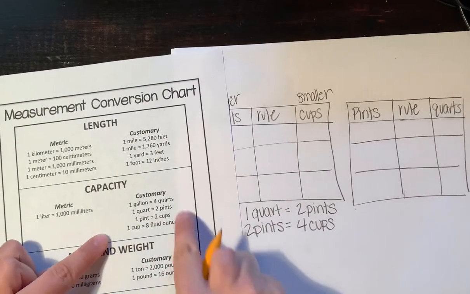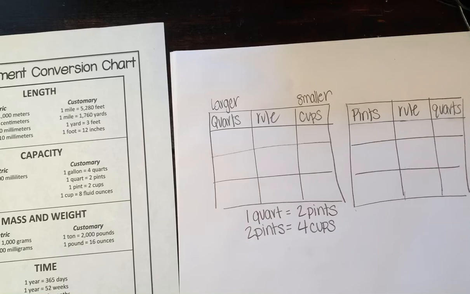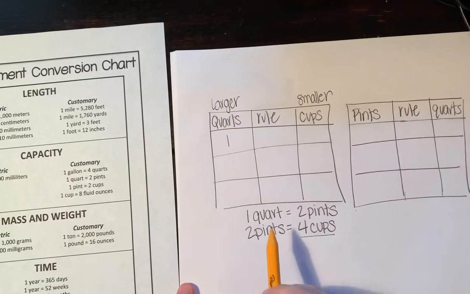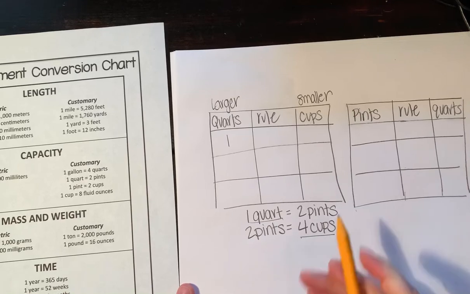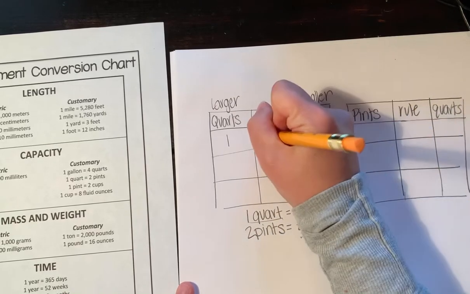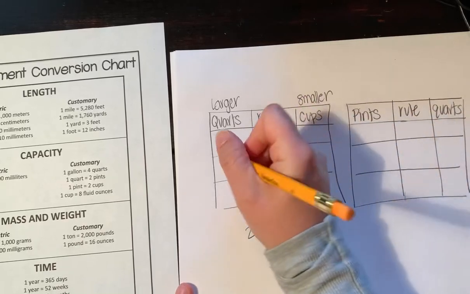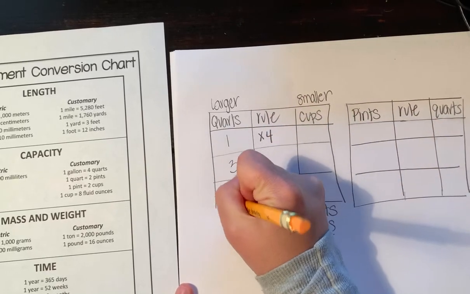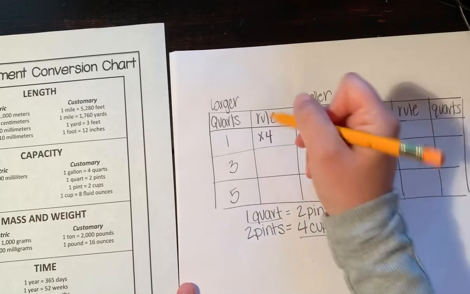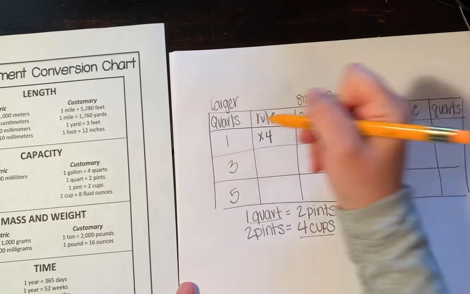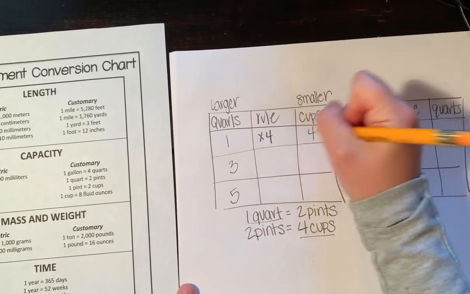That's how I use this information right here to figure this out. So if I have 1 quart, that's 4 cups. So my rule is going to be times 4. So 1 quart times 4 equals 4 cups.